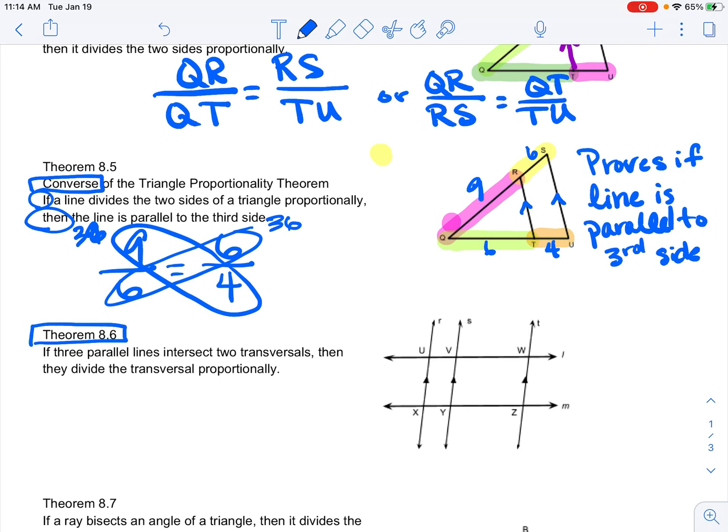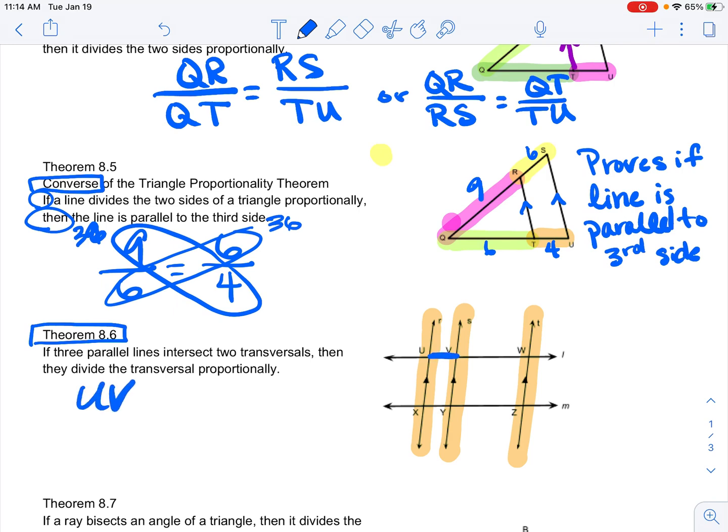In Theorem 8.6, it says 3 parallel lines intersect 2 transversals. So we are looking at these 3 parallel lines, and we have 2 transversals. Then what we're saying is they're dividing the transversals proportionally.